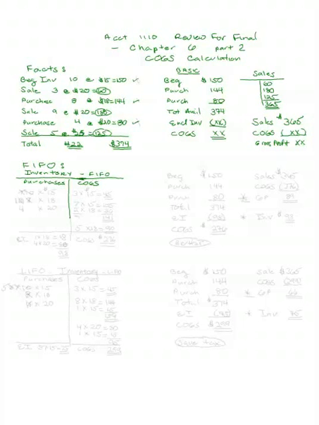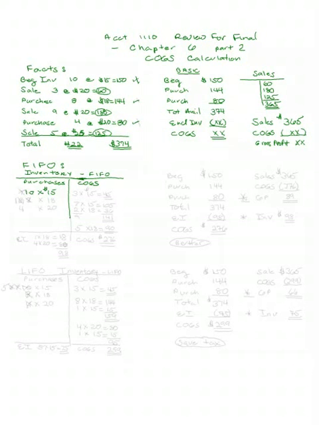So let's pick up our beginning inventory. In our beginning inventory, we have 10 units at a unit cost of $15 each. That's in our beginning inventory right here. Put a check mark next to it. That's where we start. And the first thing that happens is you have a sale.